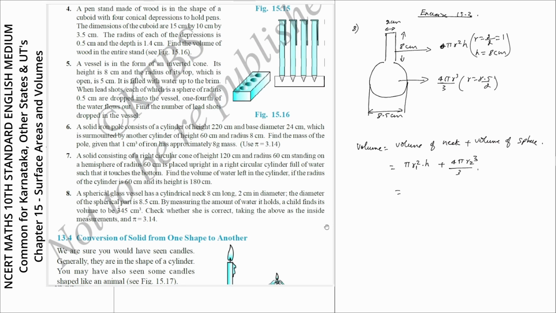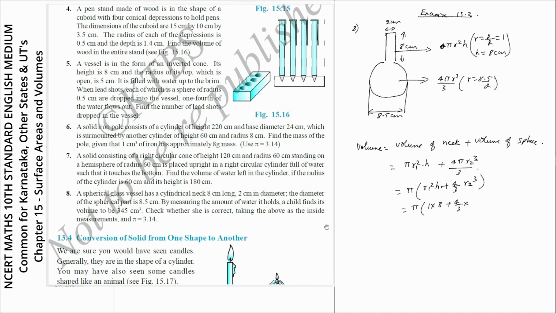Here I can take pi common, so pi into r1 square into h plus 4 by 3 r2 cube. So r1 is 1 centimeter, 1 into height 8 centimeter, plus 4 by 3 into r2 cube.